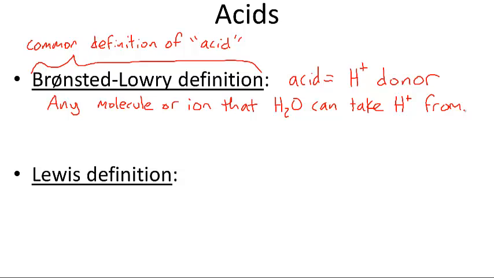The Lewis definition, now this is one that if you want to refer to this definition, you always put the Lewis in front. So if I just say acid, I'm referring to the Bronsted-Lowry definition. If I say Lewis acid, I'm referring to this definition.